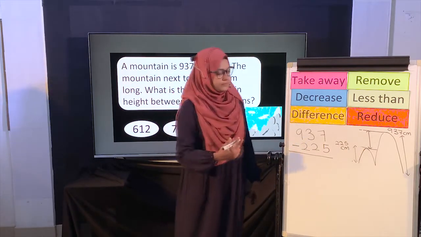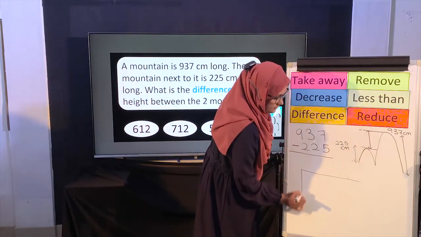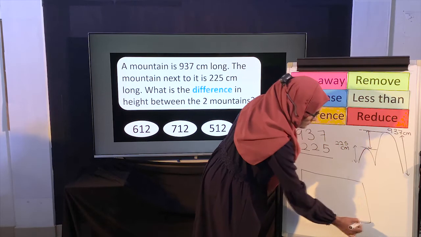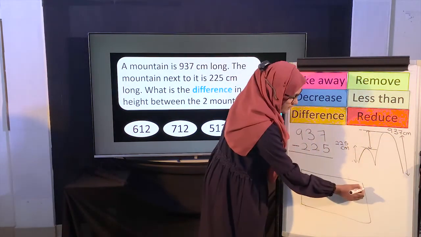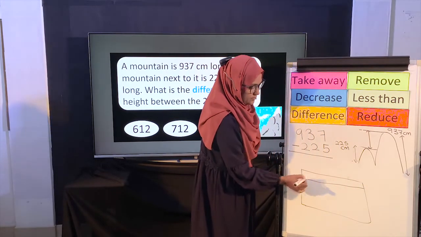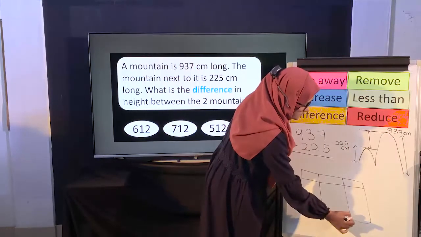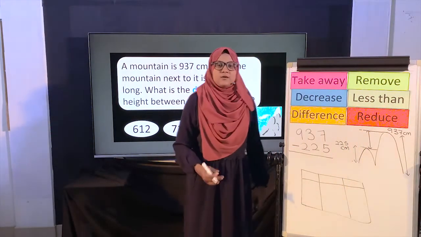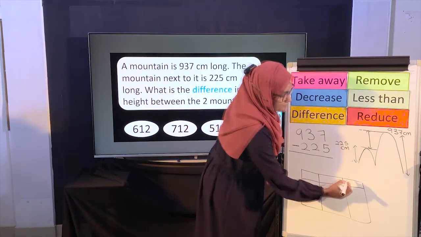easier for you. For that I am going to draw a box and draw a line on top and divide it into 3 parts. Do you remember this method? Good.